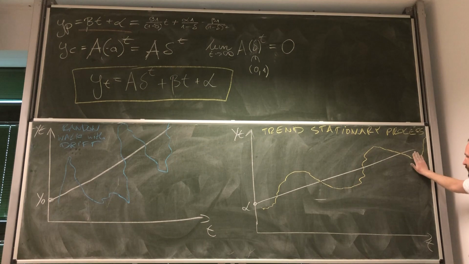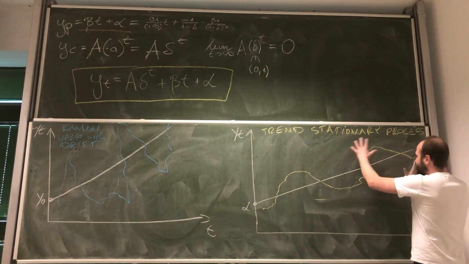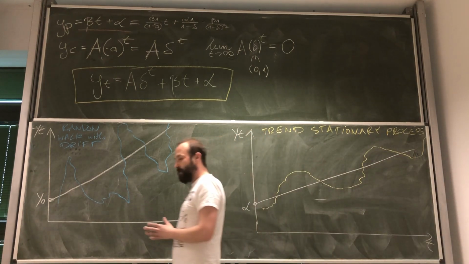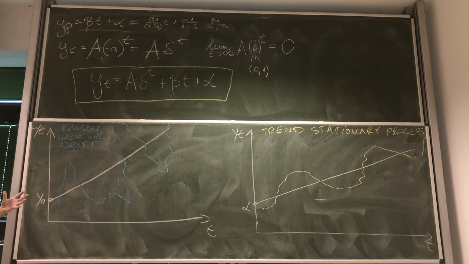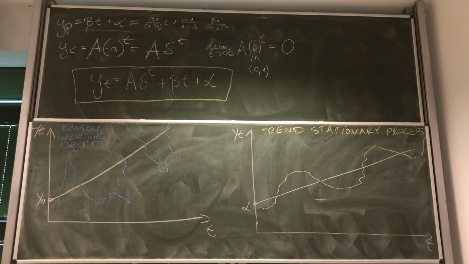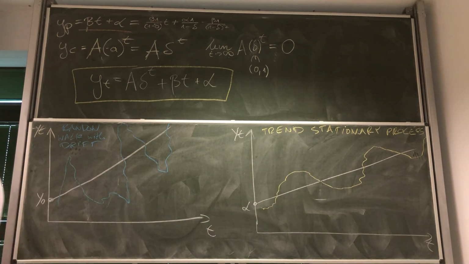Well, I would guess over here, because there is this internal force that brings the values closer to trend. This is why distinguishing between different types of processes may be key to finding an appropriate model.